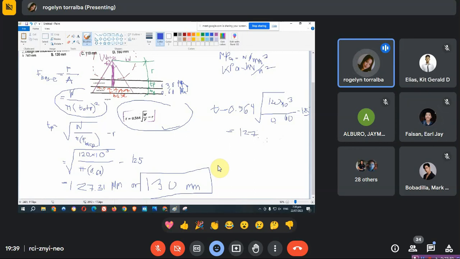So, actually, the idea is kung mag-solve ka ani nga formula, basic, stress is force over area, right? Kung ang nigawas diri 140, ay kung ang nigawas diri 110, pag diri gani, kung asa ang mas dako, always choose the bigger.